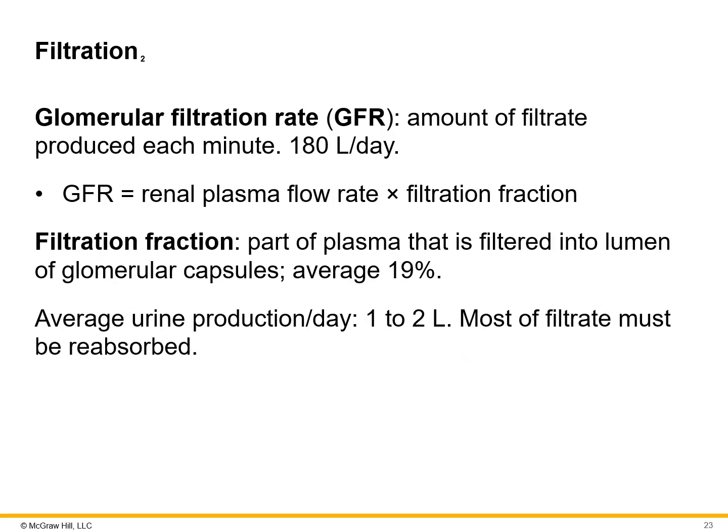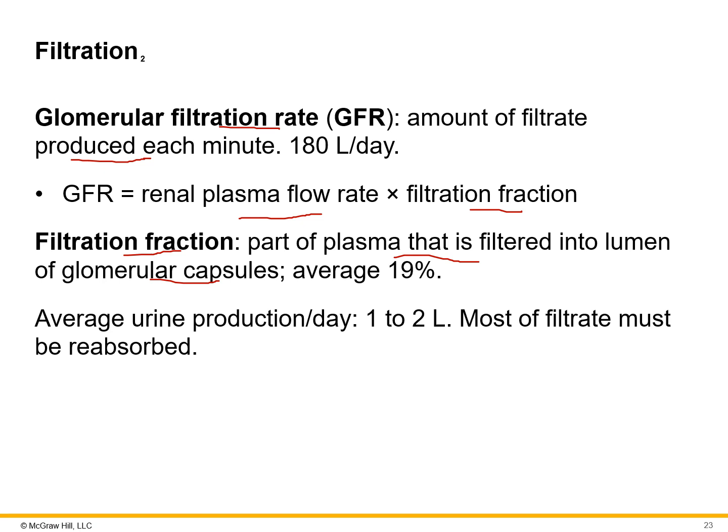So the glomerular filtration rate, the GFR, is the amount filtered each minute. Just to give you an idea, it's about 180 liters a day. It's determined by the renal plasma flow rate times the filtration fraction. It's just the amount of filtrate per minute that's moving through the kidneys, and the filtration fraction is the part of the plasma that's actually filtered into the glomerular capsules.